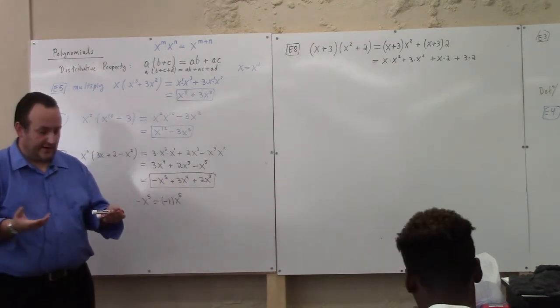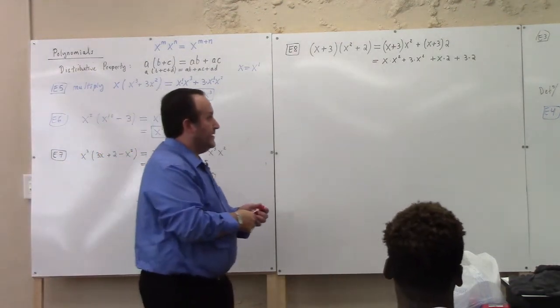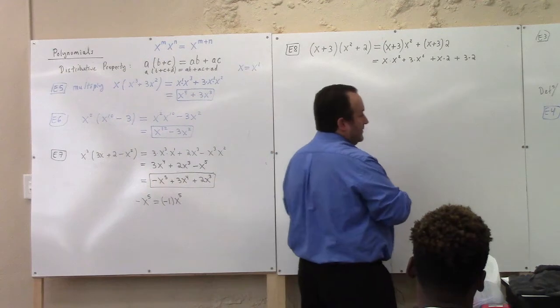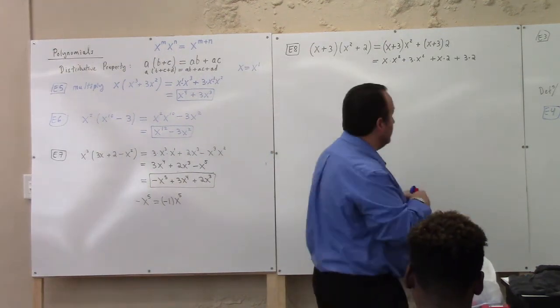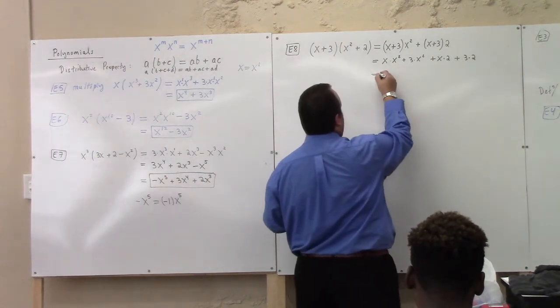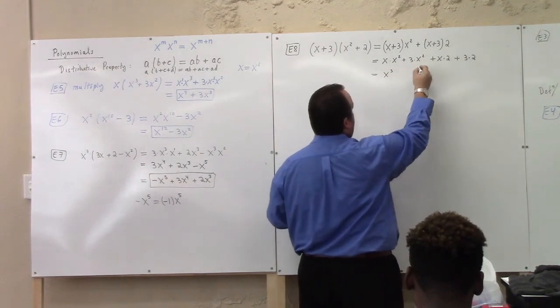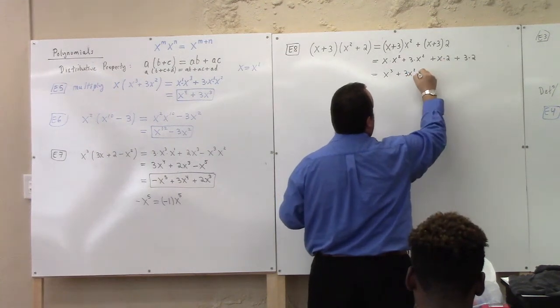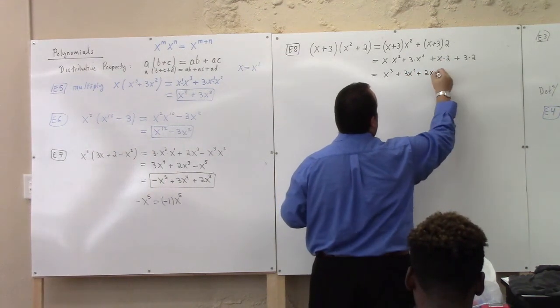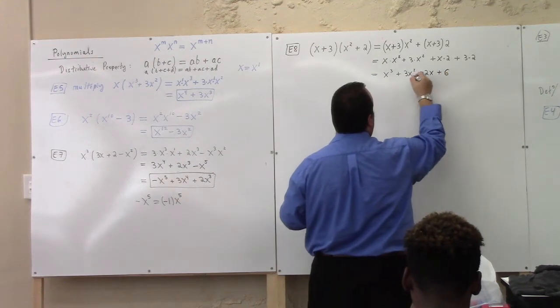That is x cubed, right? So we've got x cubed plus 3x squared plus 2x plus 6. And there you go.